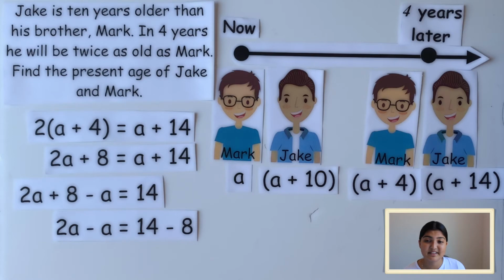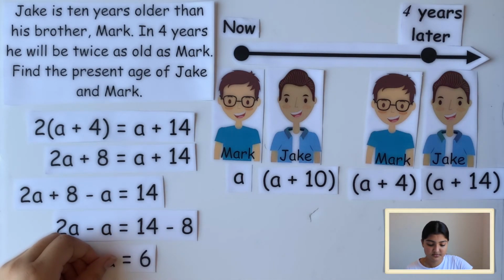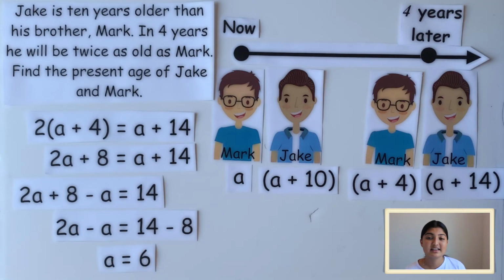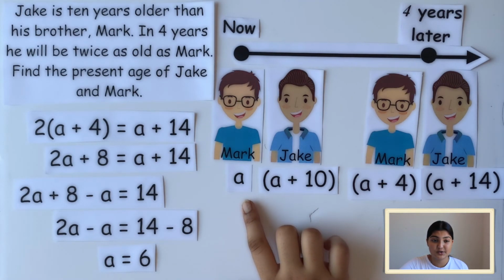Next, let's simplify both sides of the equation. 2A minus A is just A, which is equal to 14 minus 8, which is 6. This gives us a solution of A is equal to 6. So, Mark now is 6 years old.